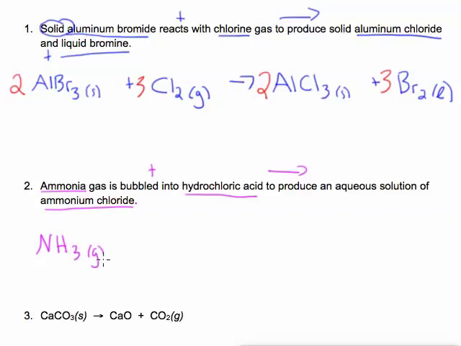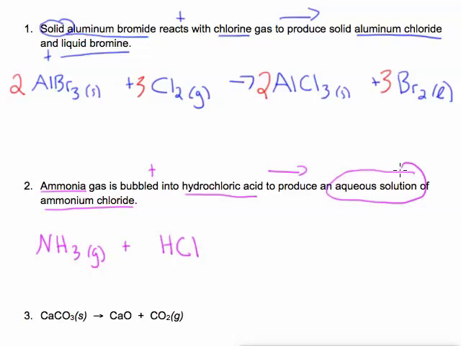We're not told explicitly the state that this hydrochloric acid is in, but we know because the ammonia gas is bubbled into it that the hydrochloric acid has to be a liquid. Now it might be a pure liquid, which is pretty rare for acids, or it might be an aqueous solution. And we can actually tell because of this. If we're going to end up with an aqueous solution, we don't just make water produced from nowhere.